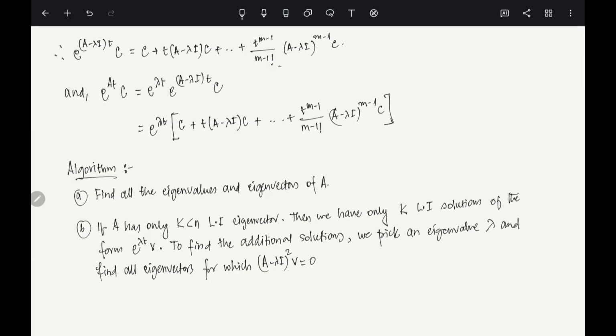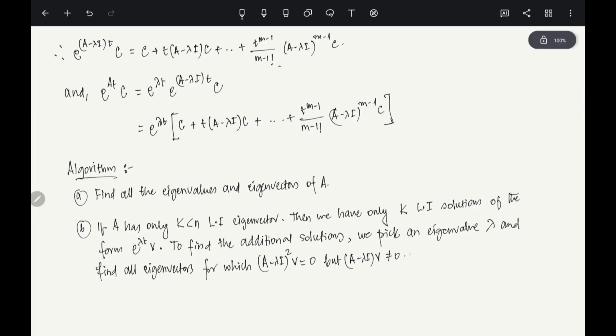This is what we are trying to find, if it is possible. But of course, (A minus lambda I) times v should not be 0. So it should not be an eigenvector in the usual sense; (A minus lambda I) times v is not 0, but the square part is 0.